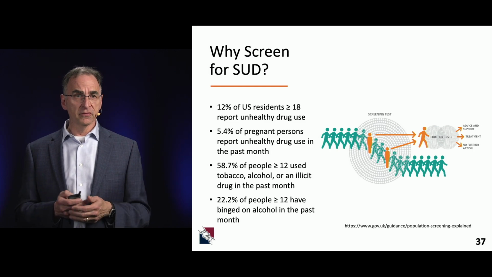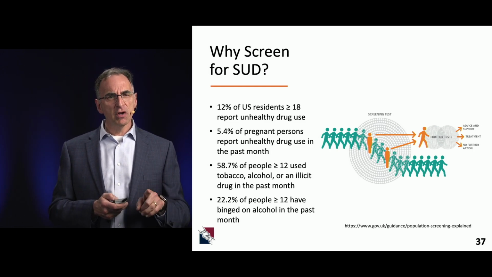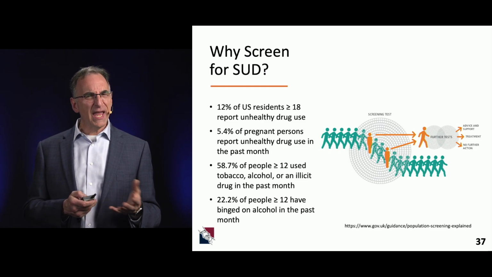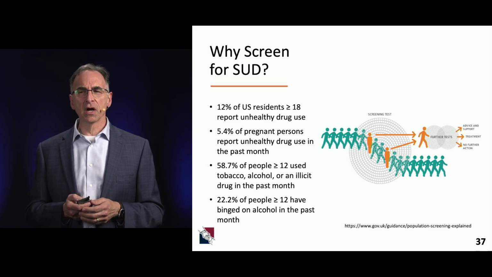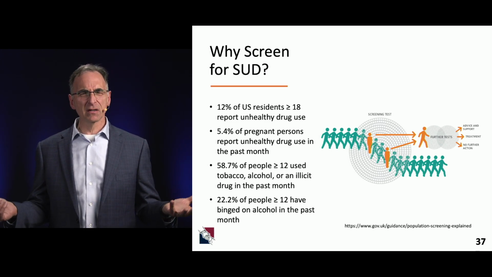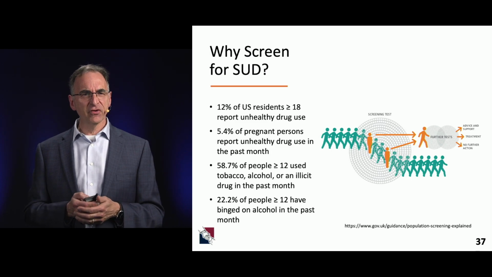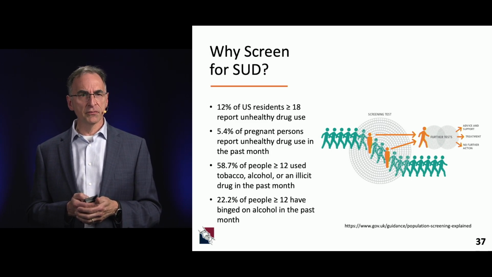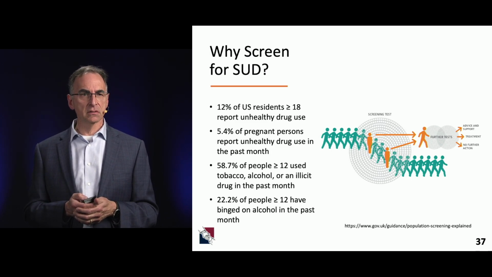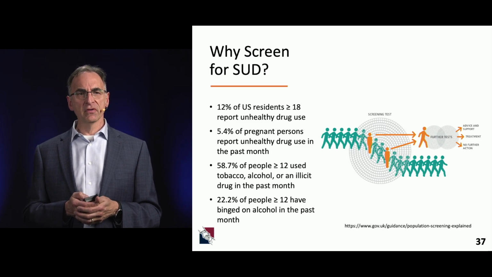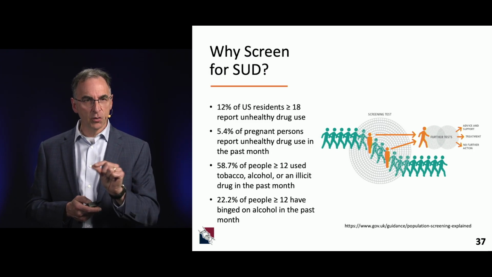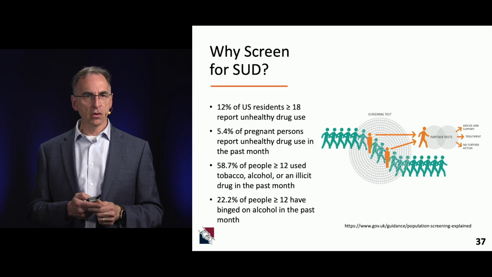Why screen for substance use disorder? Because 12% of U.S. residents aged 18 and over report unhealthy drug use. It's an insurmountable number. 5% of pregnant persons report unhealthy drug use in the past month. Nearly 60% of people aged 12 and over used tobacco, alcohol, or an illicit drug in the past month.